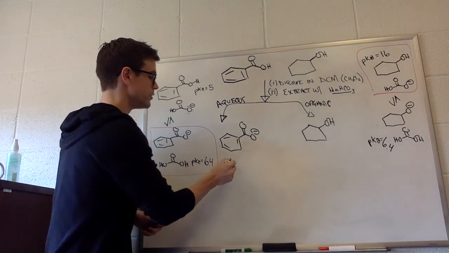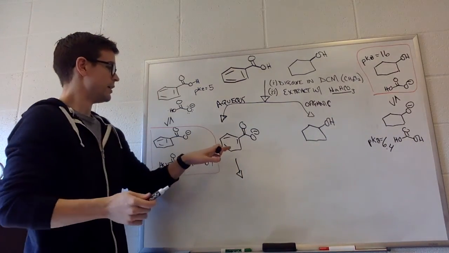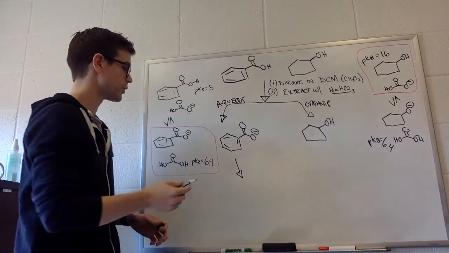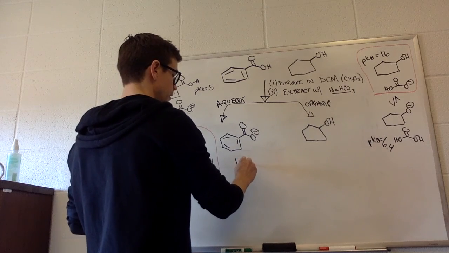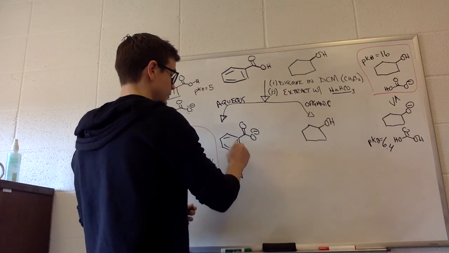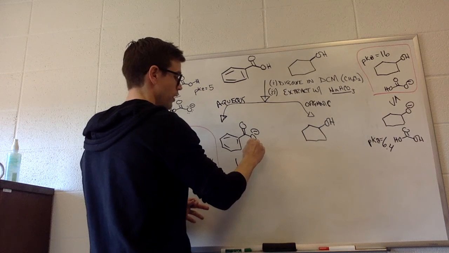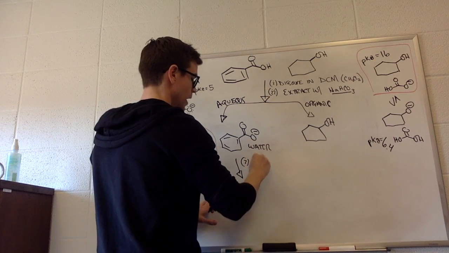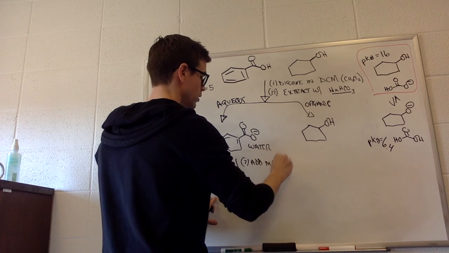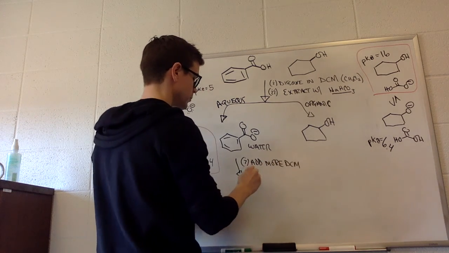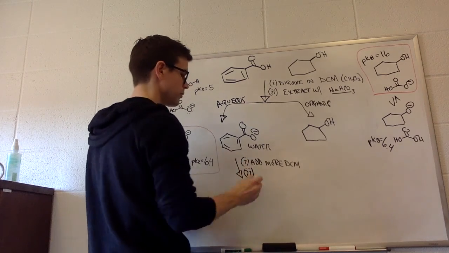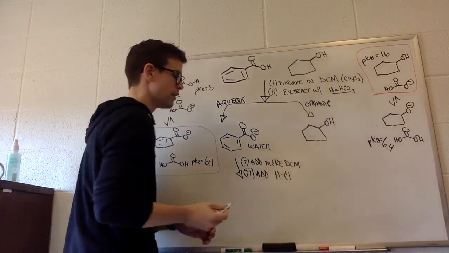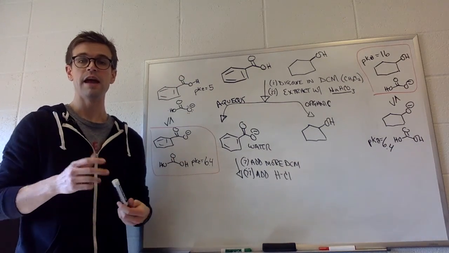So what we're going to do to separate this from the water and get it back into an organic layer is, so this is just this in water, we're going to add more dichloromethane, and then we're going to add HCl to that solution. So we're going to add aqueous HCl.